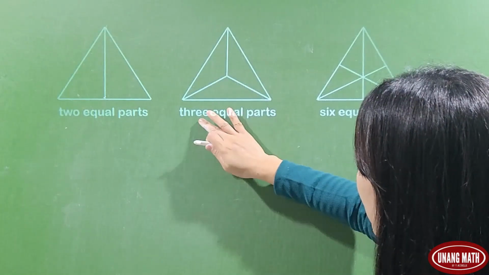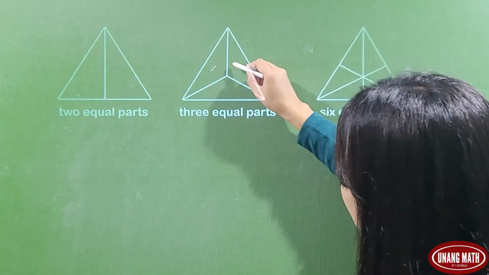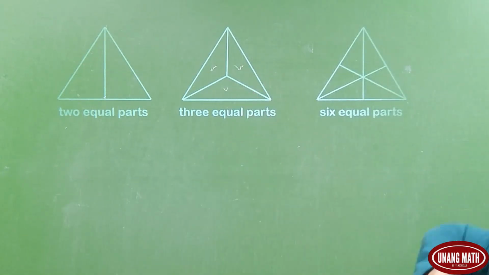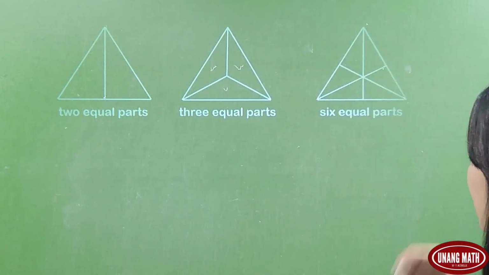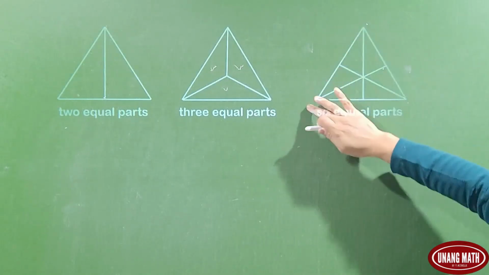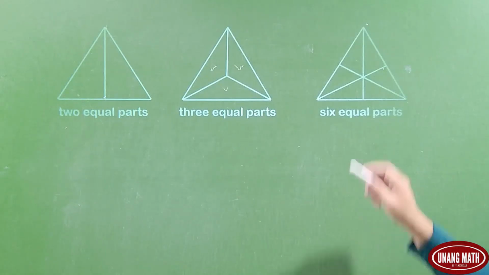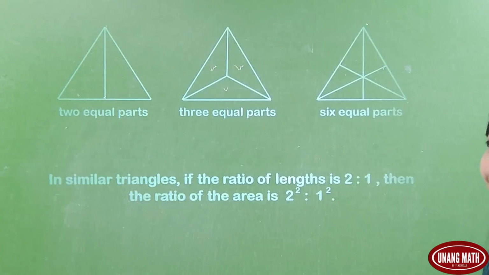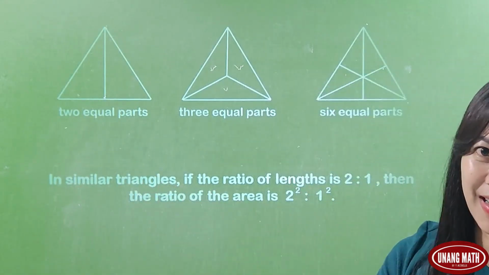We have 3 equal parts, so the area of this is equal to this one, equal to this triangle. And these 3 medians cut this bigger triangle into 6 equal triangles. And you have to remember that that is in similar triangles.